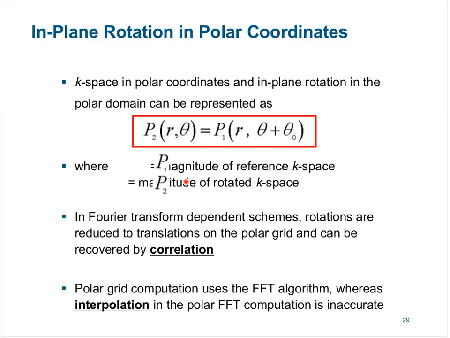P1 is the magnitude of the reference k-space, and P2 is the magnitude of the rotated k-space. In Fourier transform dependent schemes, rotations are reduced to translations on the polar grid and can be recovered by correlation. Polar grid computation uses the FFT algorithm, whereas the interpolation in the polar FFT computation is always inaccurate.